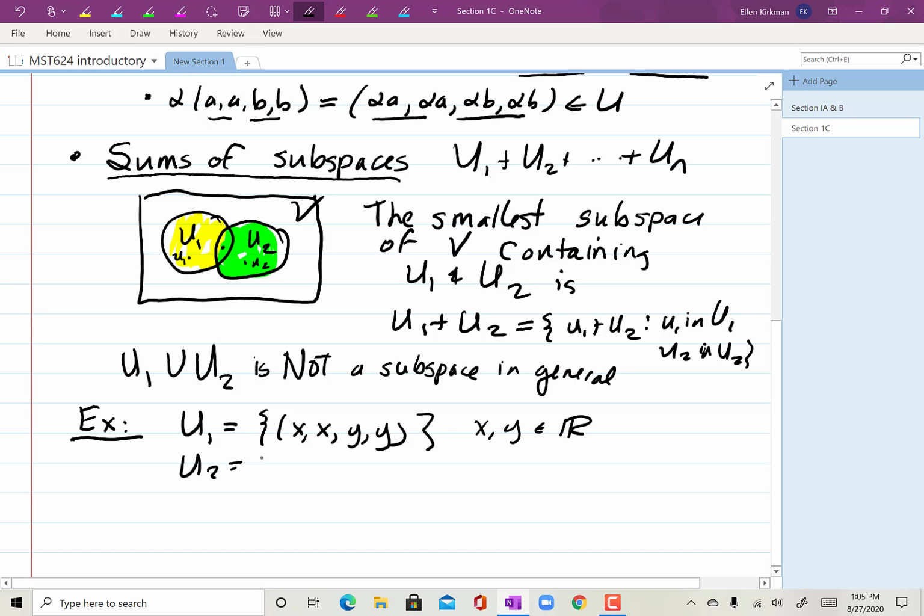And U2 is (x, x, x, y), again for x, y in R. So you can show, I showed you U1 is a subspace. In a similar way, you can show that U2 is a subspace. So these are subspaces of R4.